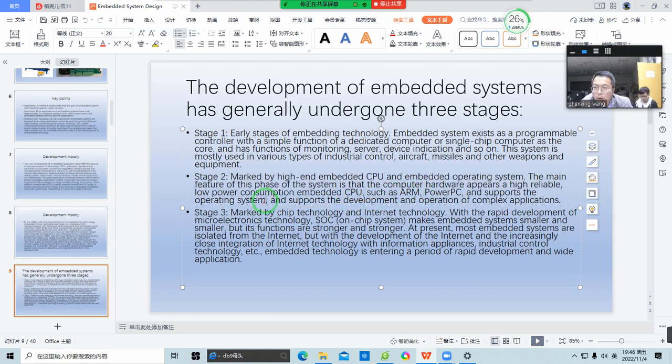ARM also supports operating systems. So later, you will learn how to integrate a real-time operating system, for example, FreeRTOS, into our embedded system, and support the development and operation of complex applications.